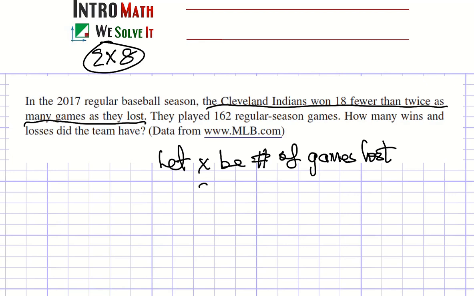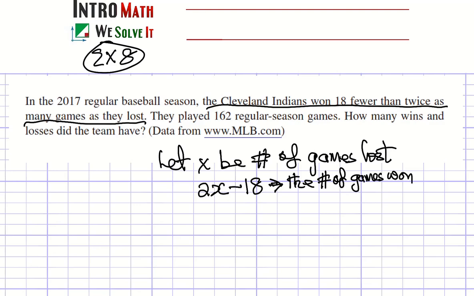So if this is x, twice they lost, and then they won 18 fewer. 2x minus 18 represents the number of games won.